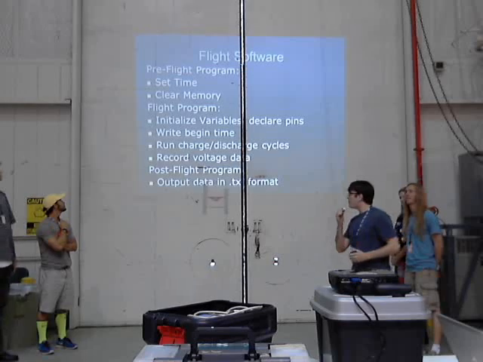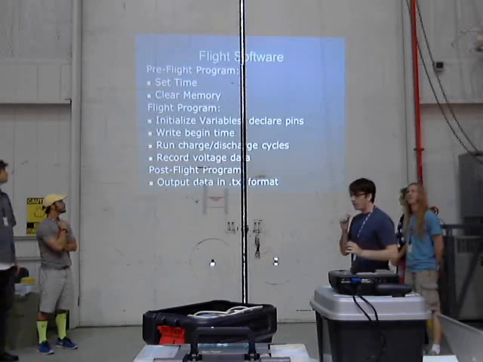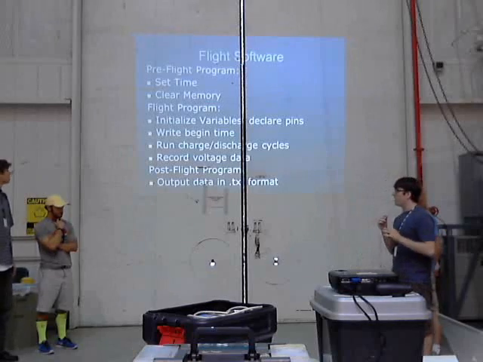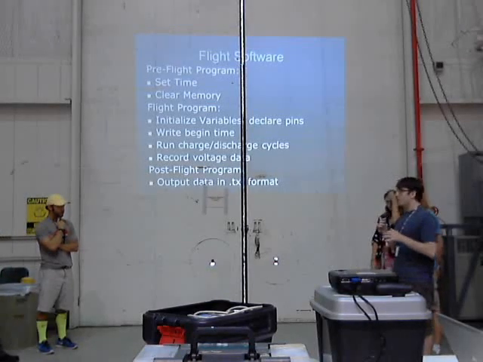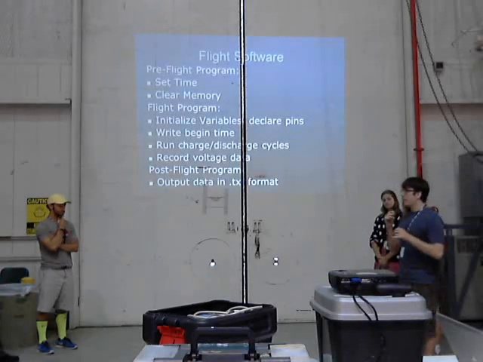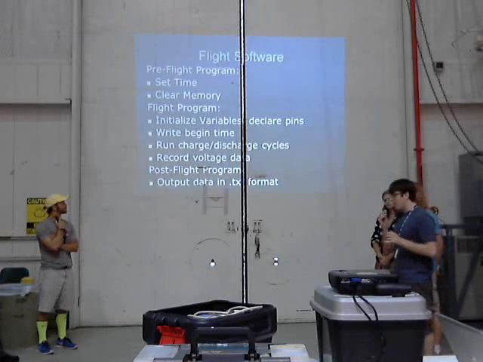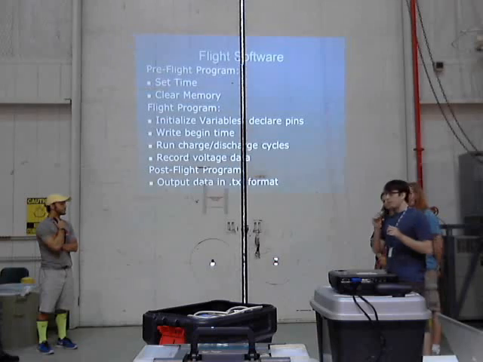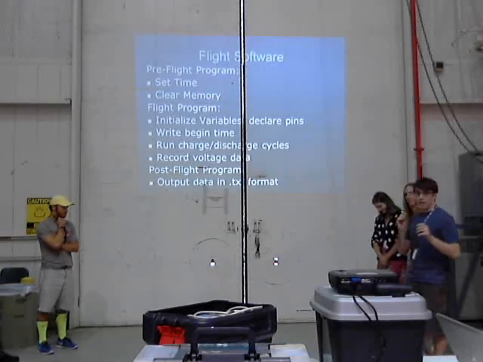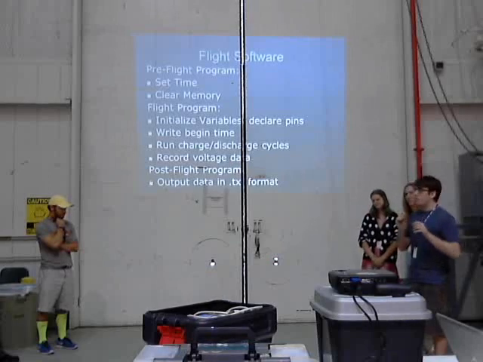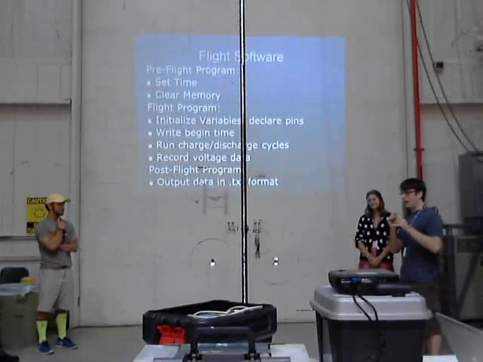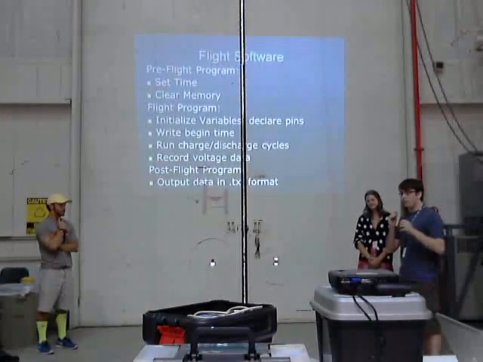Okay, so for the flight program, basically we just slightly modified our program from a previous experiment 2 years ago. For that, we first initialize the clock. We get a timestamp, and we then write that timestamp to the real-time clock. The flight program is where it gets a little bit tricky. That's where we had to spend the most amount of time and do the most amount of work to actually read this decay, or I guess potential.